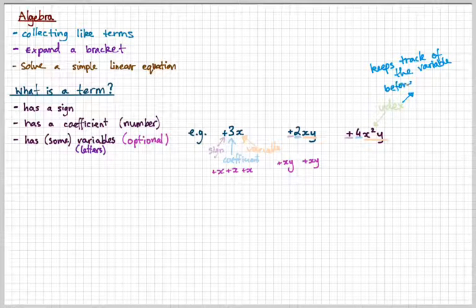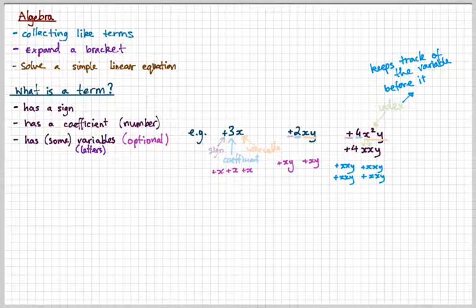So this is telling me that I've got 4xxy. This is keeping track of the letter that is before. So that 2 says there are 2 x's there. Plus 4xxy means that I've got xxy, xxy, xxy, and another xxy. I've got 4 xxy's or 4x squared y's.